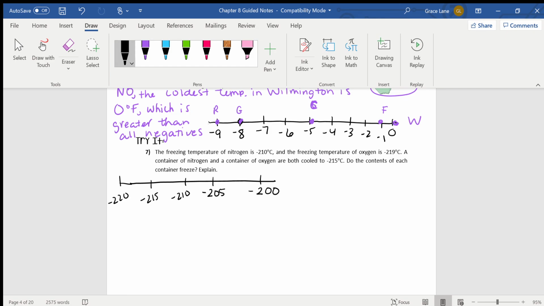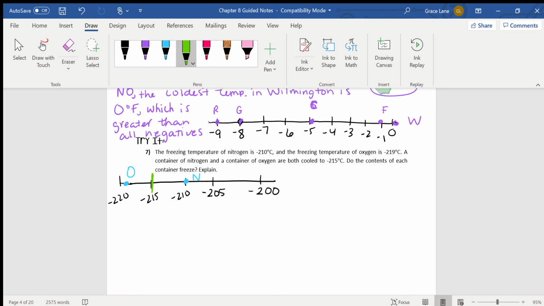Okay, so mark your numbers here. The freezing temperature of nitrogen is -210, which would be here, and oxygen is -219, which would be right here. And then they are both cooled to -215, which is here.